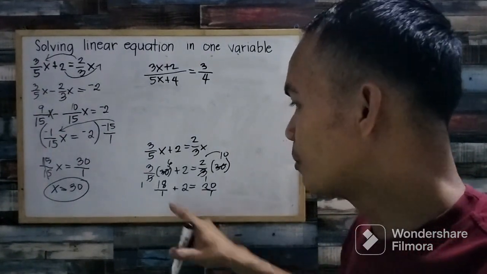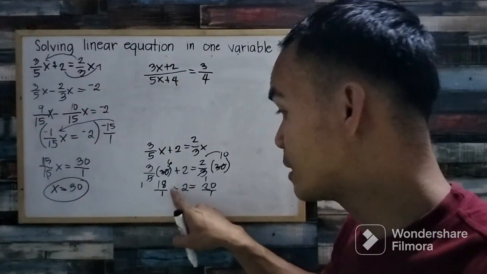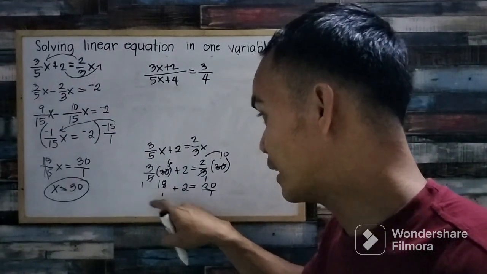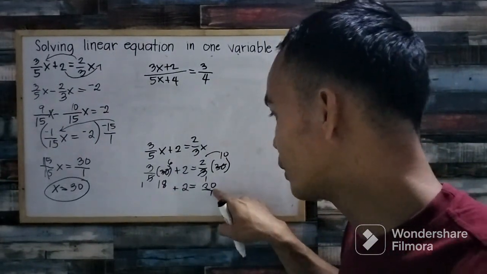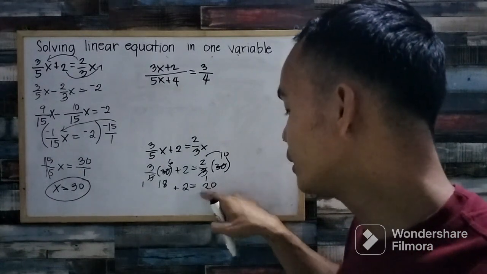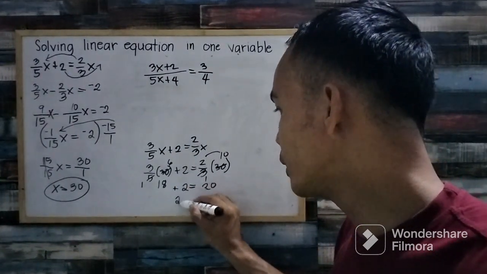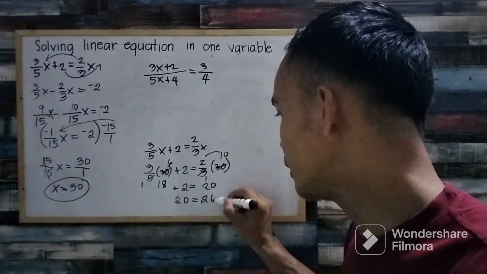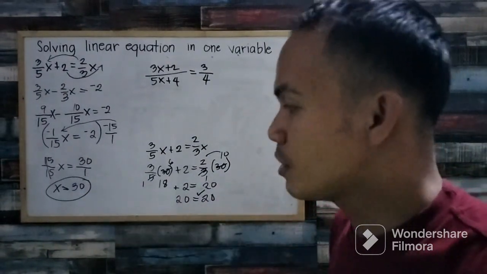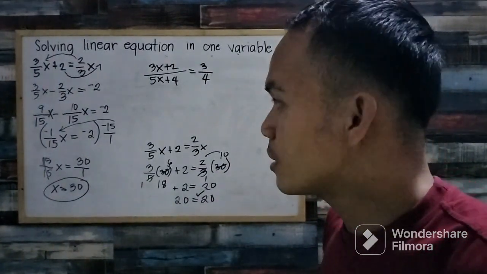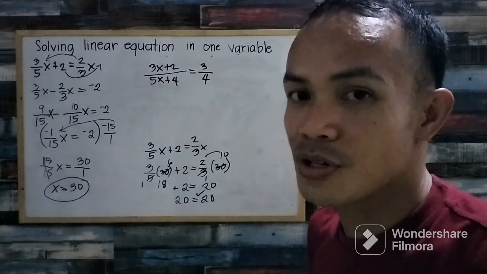Remember that 18 over 1 can be 18, and 20 over 1 can be 20. So 18 plus 2 is 20, and that is equal to 20. So x, which is equal to 30, is the solution of our equation.